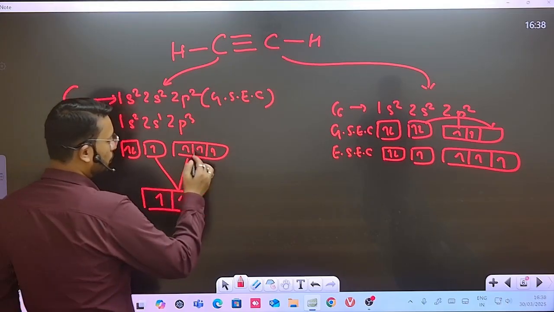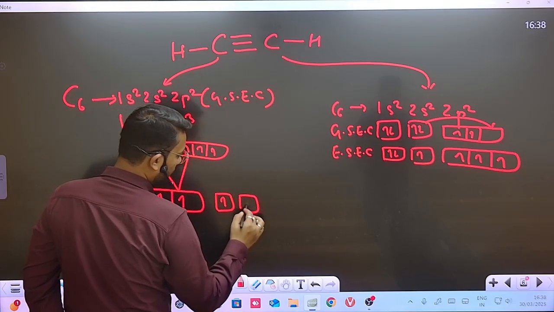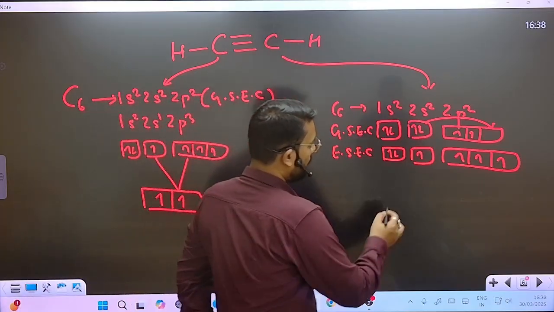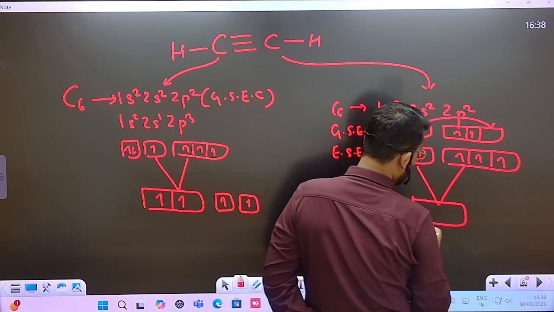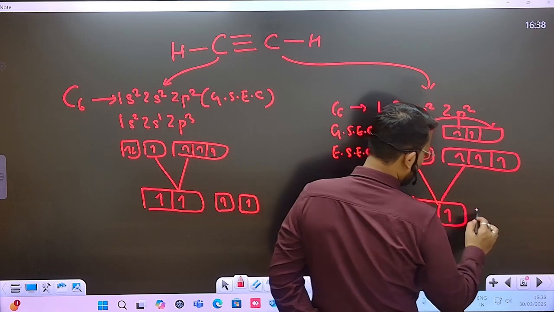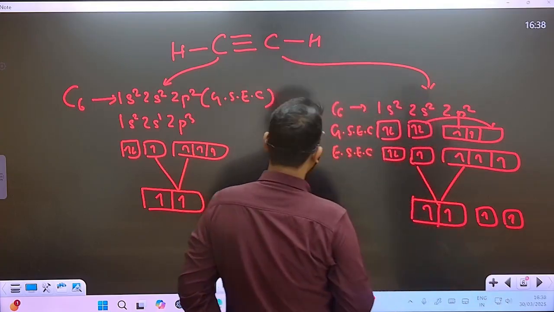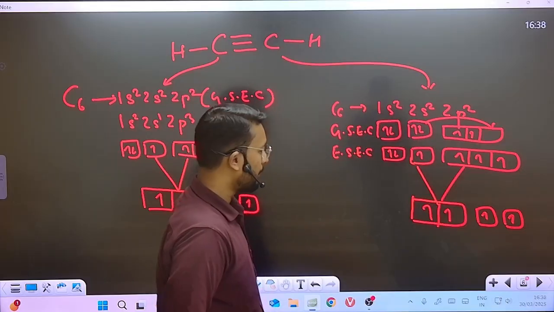And the 2 p orbitals will be unhybridized. In the same way here also, this carbon is making 2 bonds, with one carbon and one hydrogen, and 2 unhybridized p orbitals will be there.